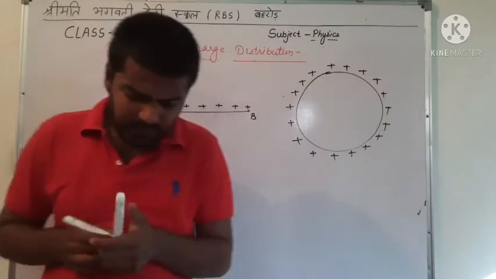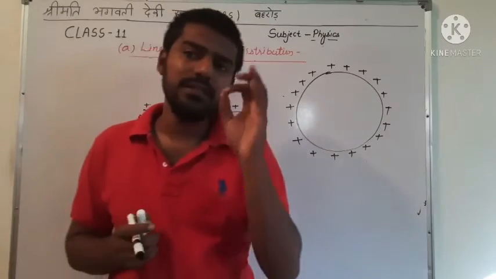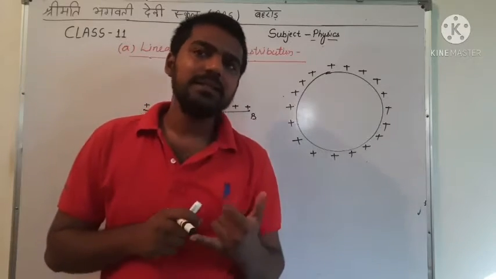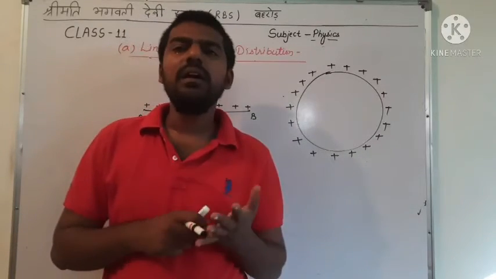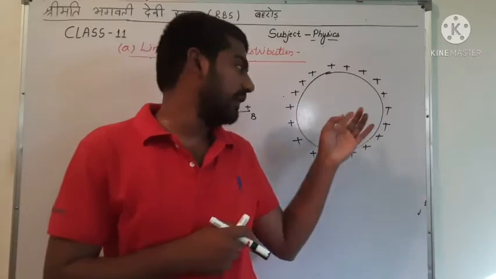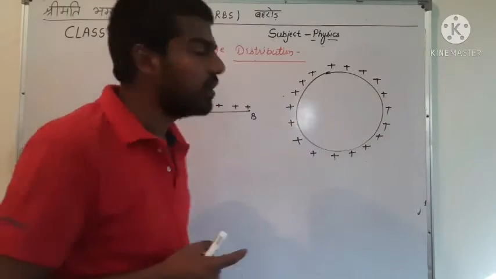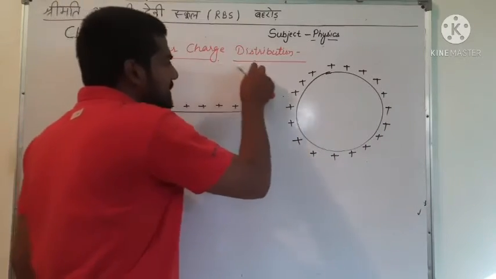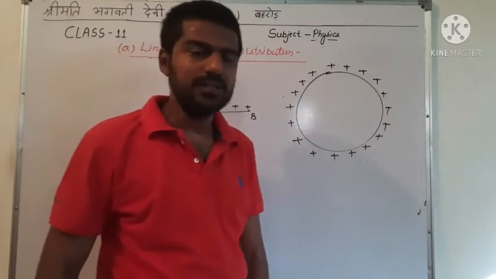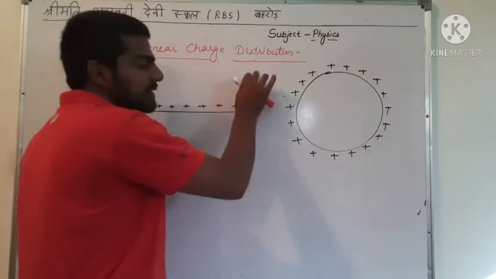It means if the charge is continuously distributed on a line or on the circumference of a circle, then it is called linear charge distribution.